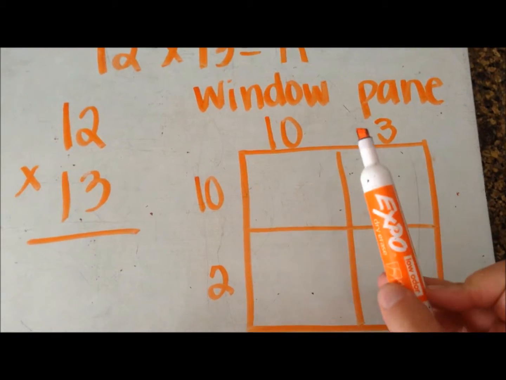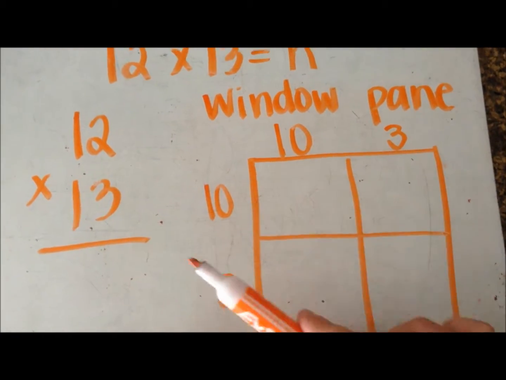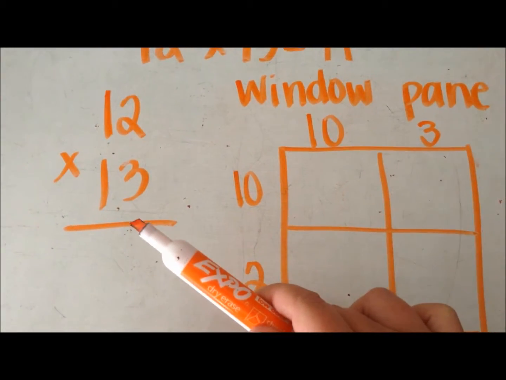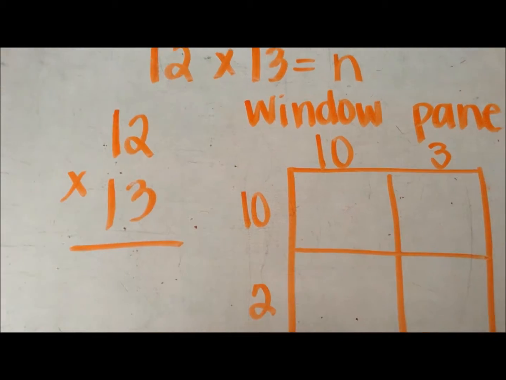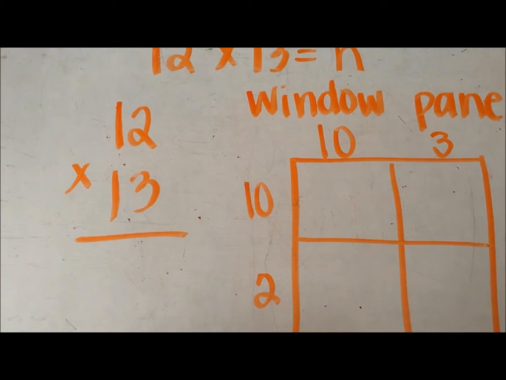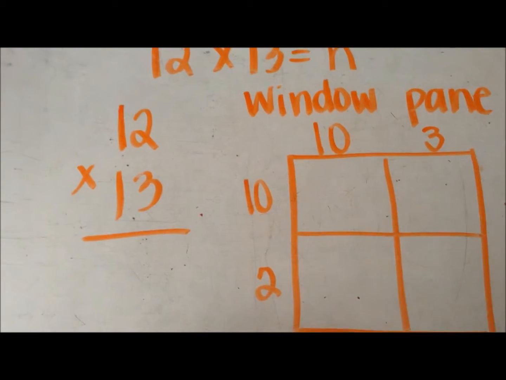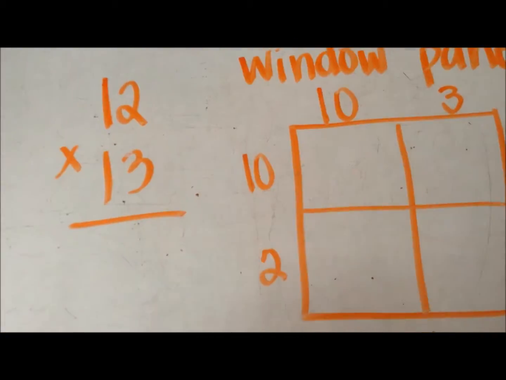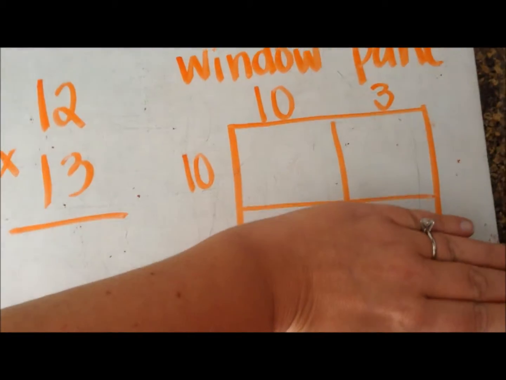It does not matter which of the two numbers goes on top, because it does not matter when we multiply using an algorithm which of the two numbers goes on top. And that's because of the commutative property. Okay, now what I like for my kids to do right off the bat is to ignore this bottom half.